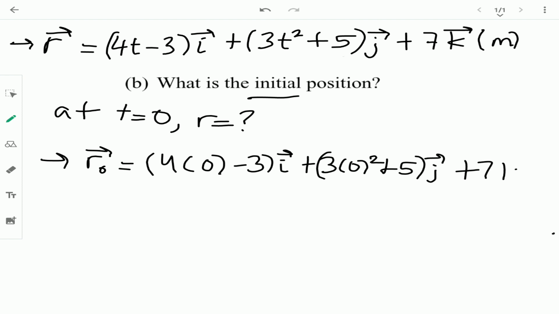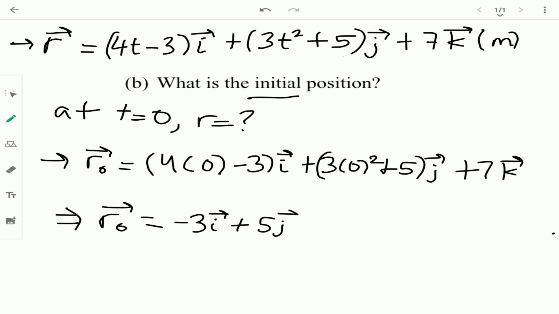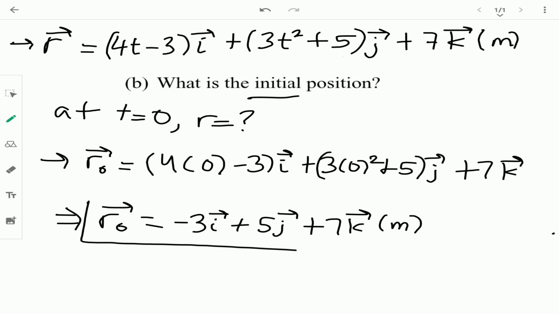When we're done solving, we get r0 equals, again 4 into 0 is 0, so minus 3 i plus 5 j, and as 7 has no t, 7k in meters. So at time equals 0, the initial position of the object is this.